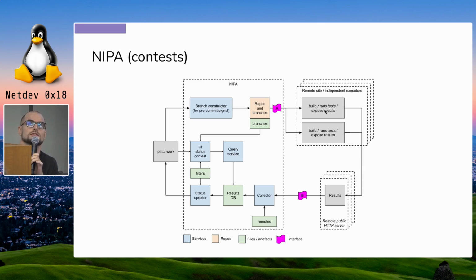For instance, Jamal runs the TC test as a completely independent test executor. The remote executors just watch the JSON file for new branches to appear, run the test, and pop out another JSON file, which we then take back into our system, collect the test results, and for some intermediate boxes, repopulate the results back into Patchwork.